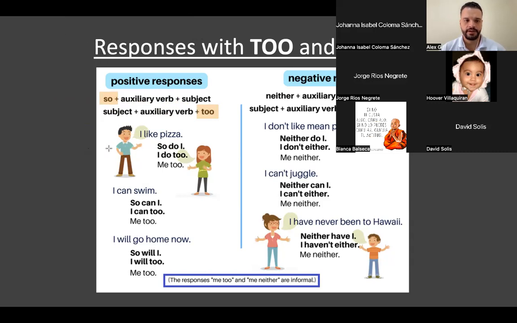There we go, much better. Or we can respond like this. Joanna, we can also say, I do too. So subject plus auxiliary plus too.